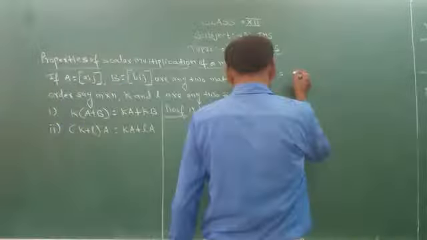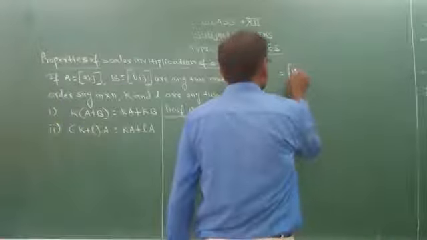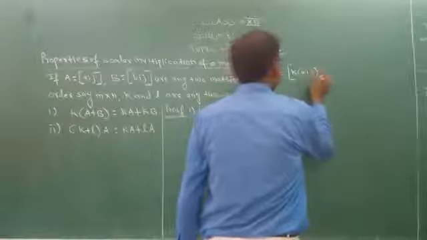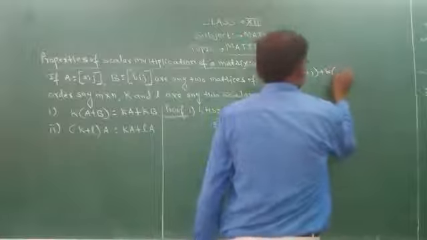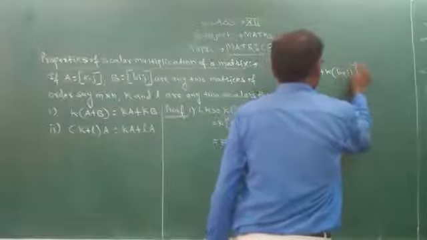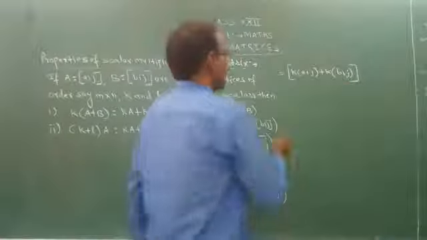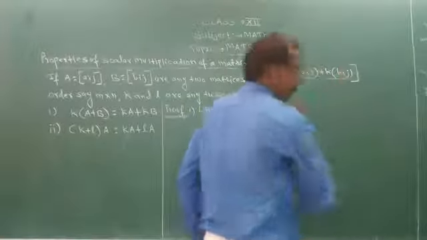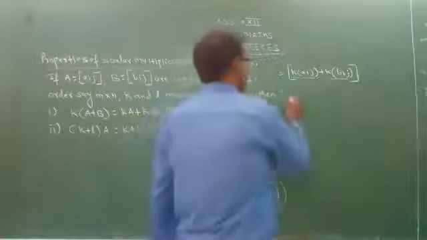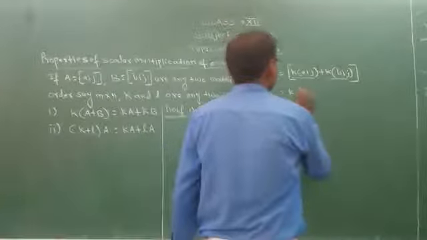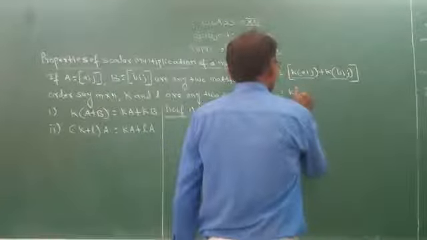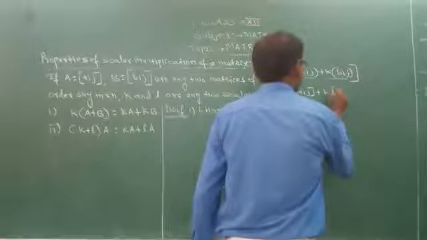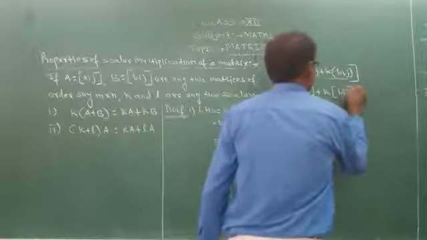So it will be in the matrix K into Aij plus K into Bij. Now I have the addition of this number and this number in the matrix, so I can separate it. So it will be K into Aij, this matrix, plus K into this Bij.